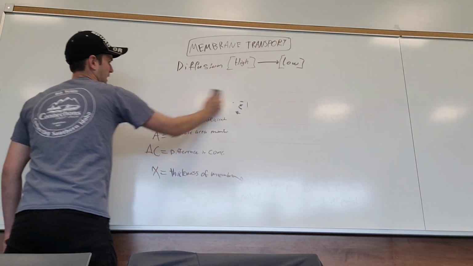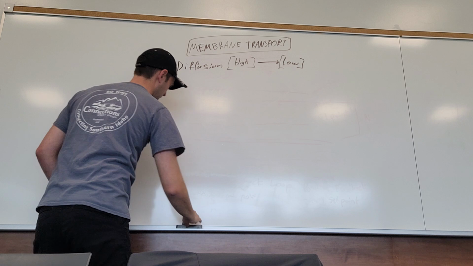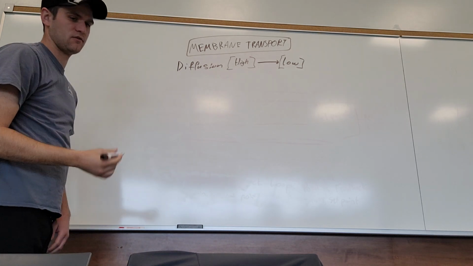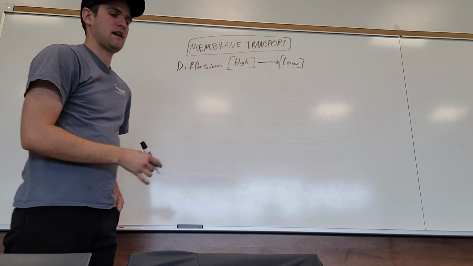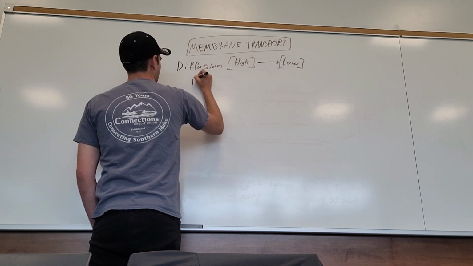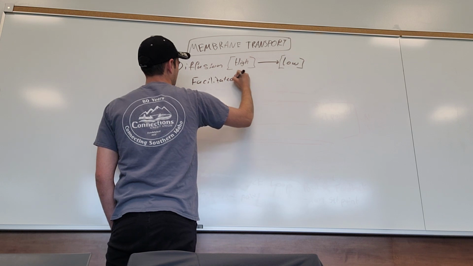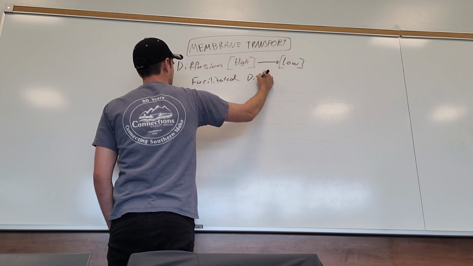Okay, but say you're not oxygen, say you're not CO2, and you can't diffuse via simple or passive diffusion, you just need a little extra help. So we call this facilitated diffusion.